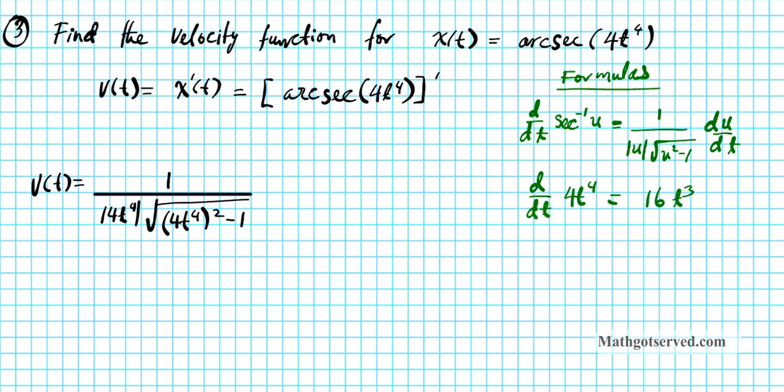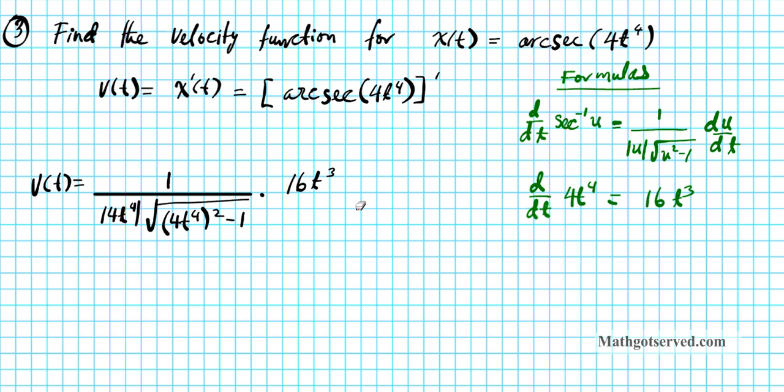And then we're going to differentiate the inner function, 4t to the fourth. We apply the power rule as we did over here, and it's going to be times 16t to the third. That's du dt.